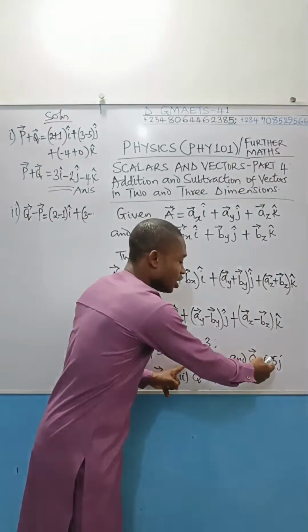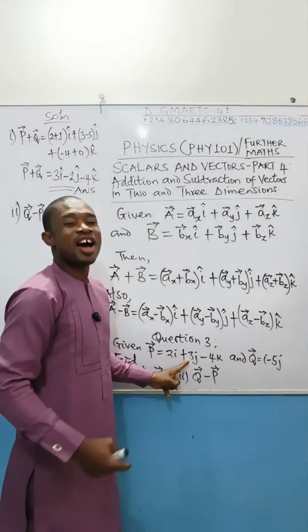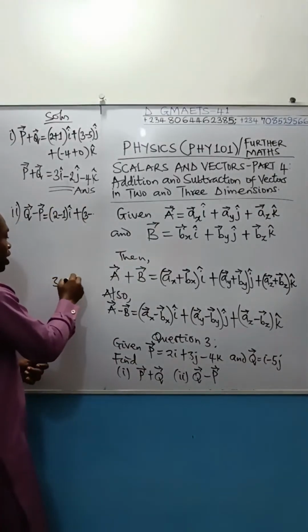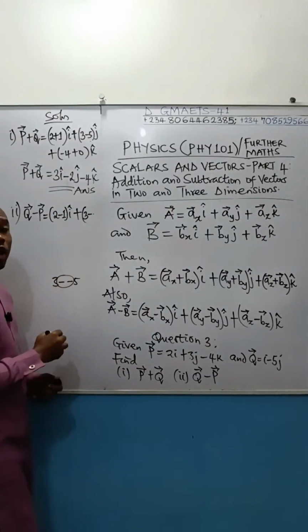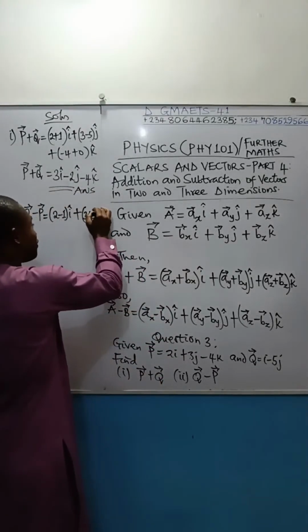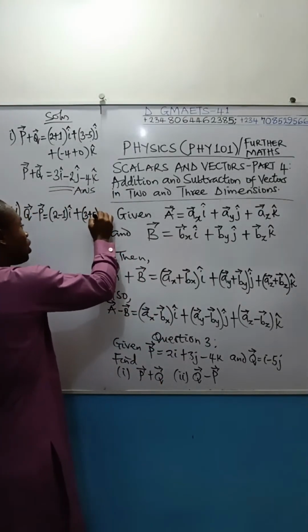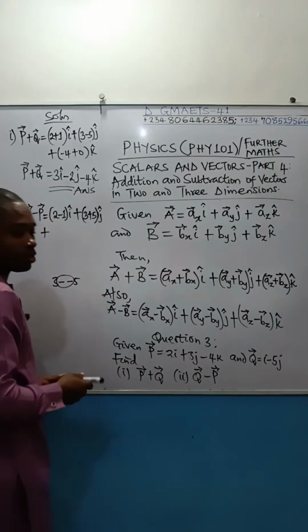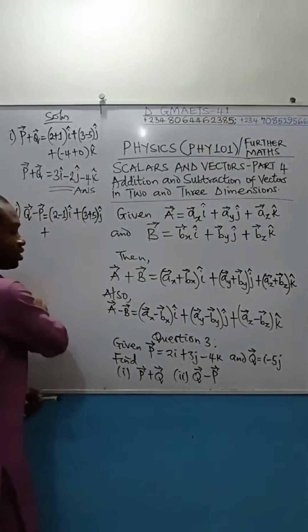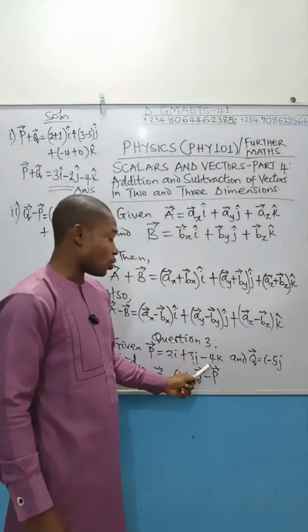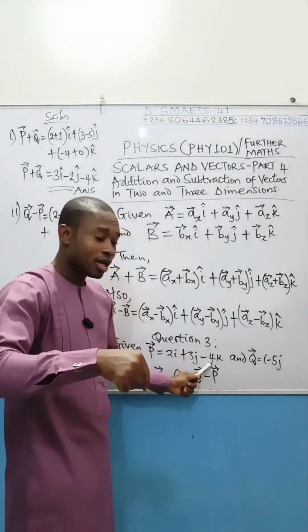Then before you bring in the P component, so you have minus 5 and minus 3 minus 5. These will change to plus because minus times minus is plus. So this is going to be 3 plus 5, and then the unit vector assigned to it is j. Then finally plus.